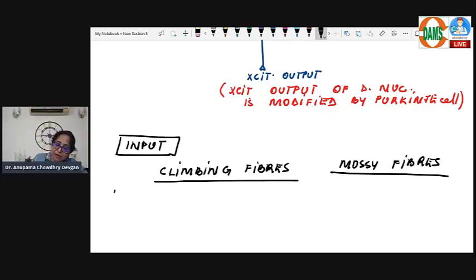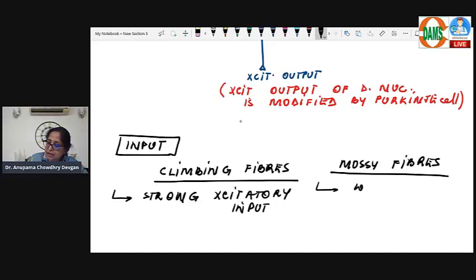The climbing fiber is a strong excitatory input.